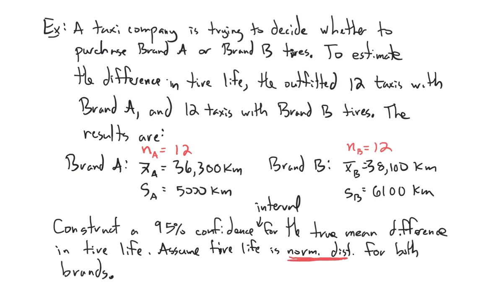So we're good to go. We know this is going to be some sort of t distribution. We're not told anything about the standard deviation, whether we assume that they're equal or not. So we can't assume that they're equal. So we're going to go with an unequal standard deviation. Okay, let's go ahead and calculate these things.